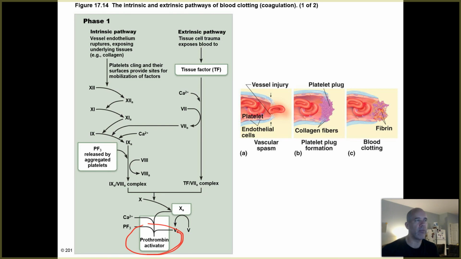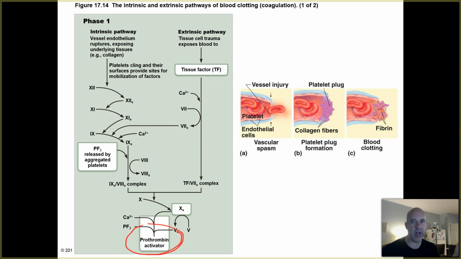All right, don't freak out over all of these different clotting factors and the order in which they're used. I do want you to understand what sets off or activates the intrinsic pathway versus the extrinsic pathway.